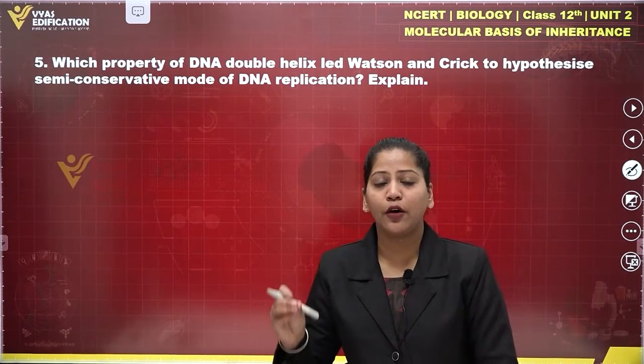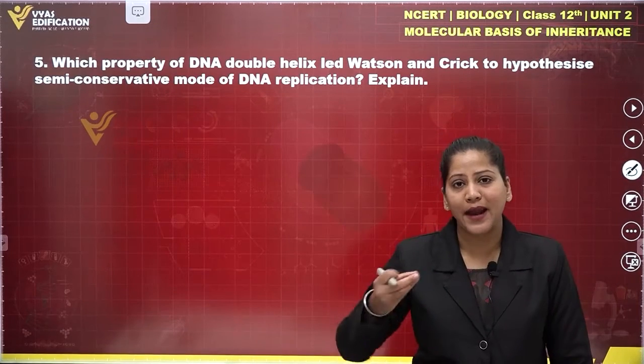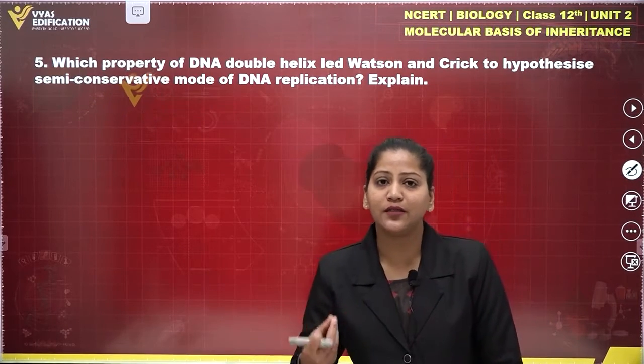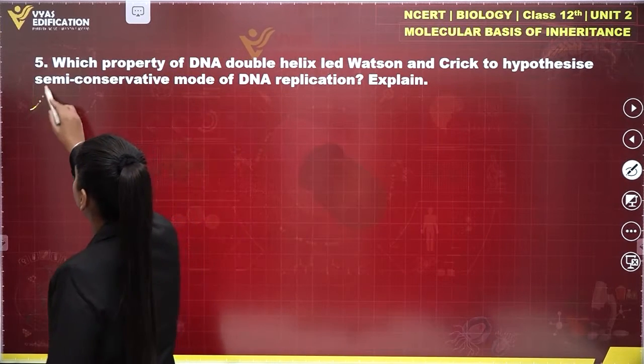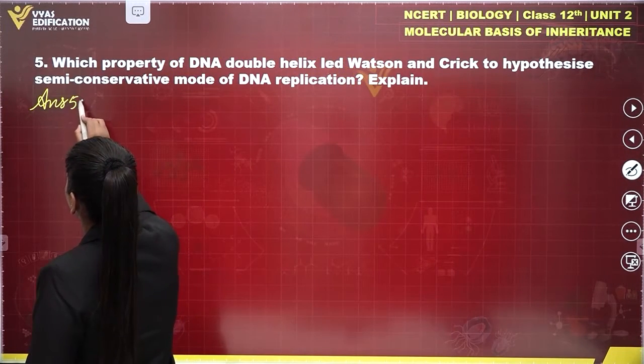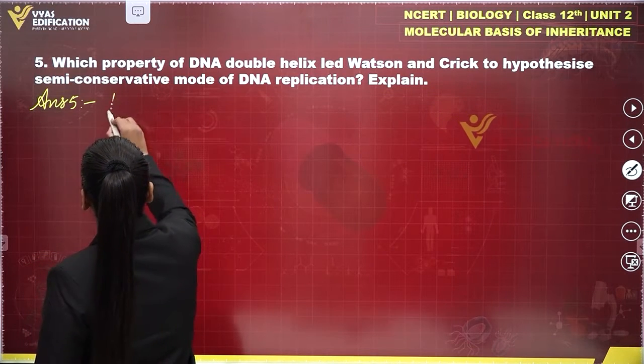Each molecule of DNA will contain one parental strand and one newly synthesized strand. So this is the answer, and we have to write the solution, which will start like this.